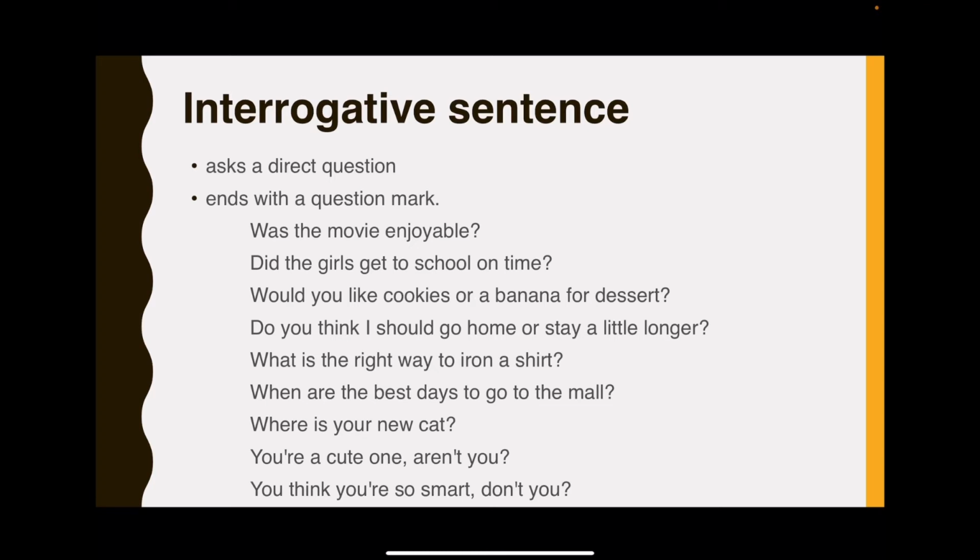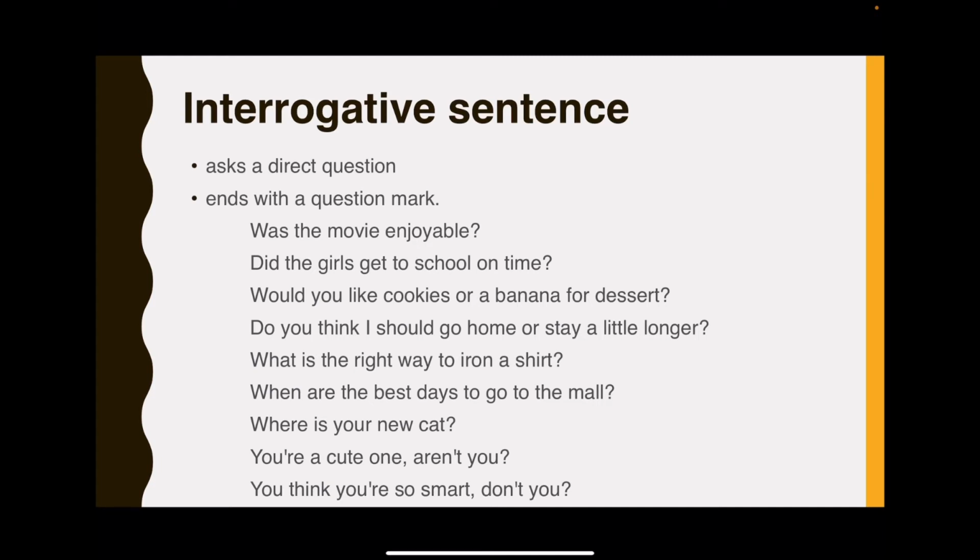Okay, the question tag. The way that we form the structure of the question tag is that you just use the statement, and then use the auxiliary and then the subject to help you form the question tag. If the statement is positive, you need to make the question tag negative, and vice versa.